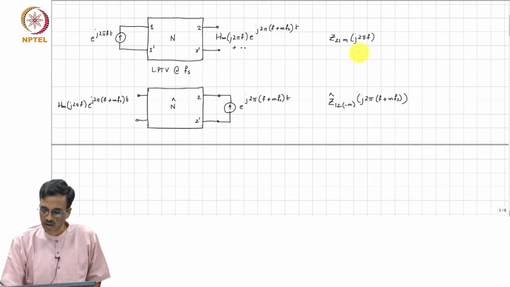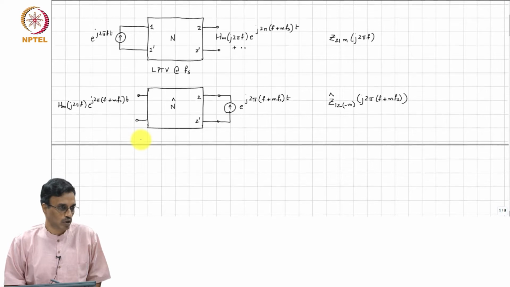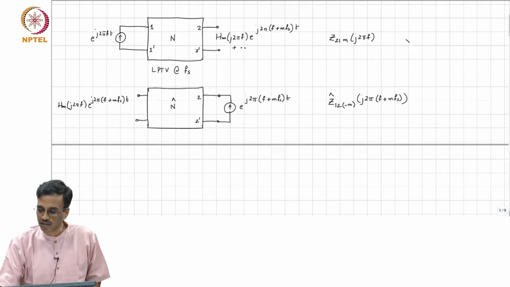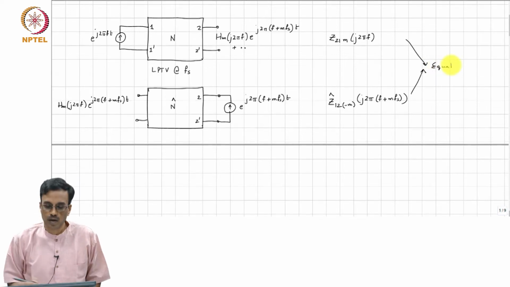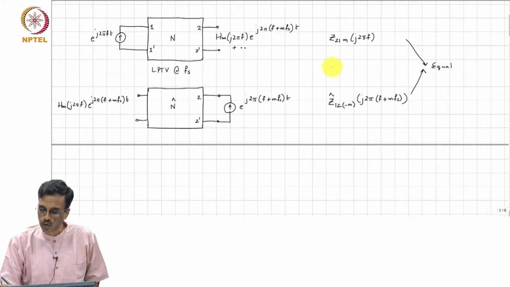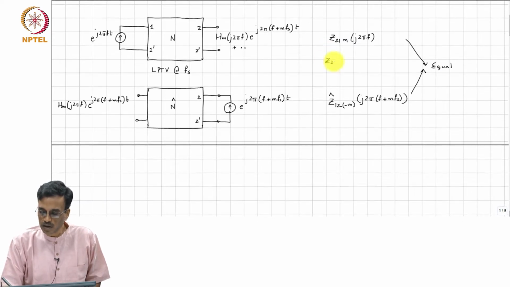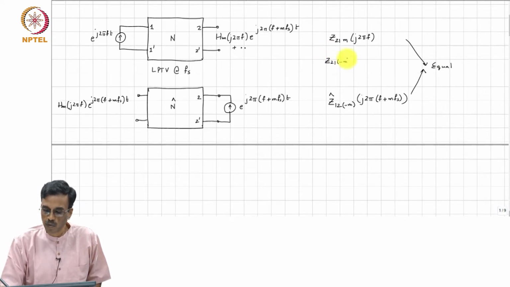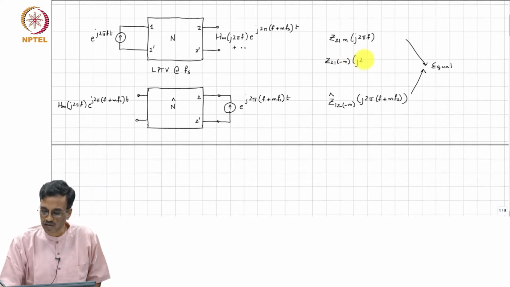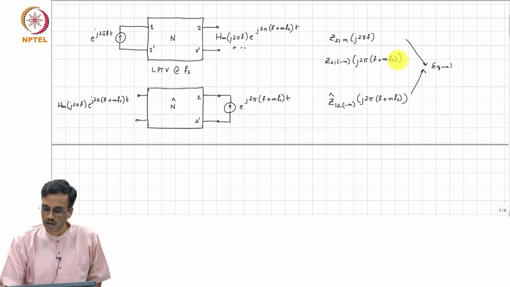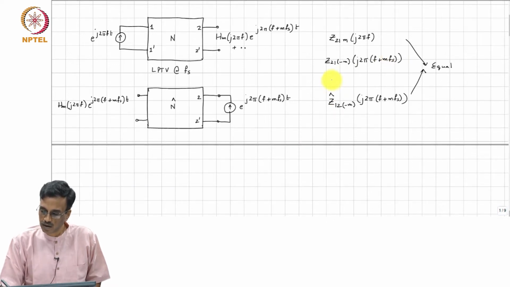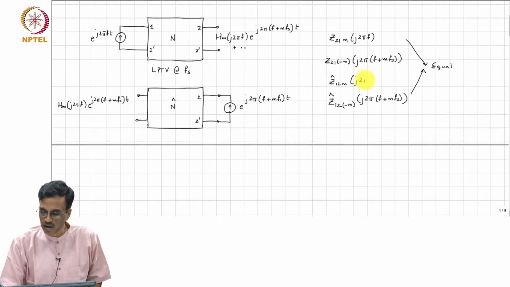And if N hat is chosen to be the adjoint, then these two quantities are equal, which is also equivalent to saying Z 2 1 minus m of j 2 pi (f plus m f s) is the same as Z hat 1 2 of m of j 2 pi f.